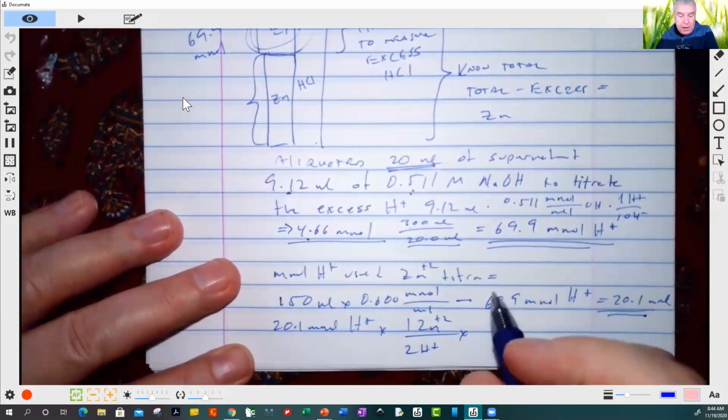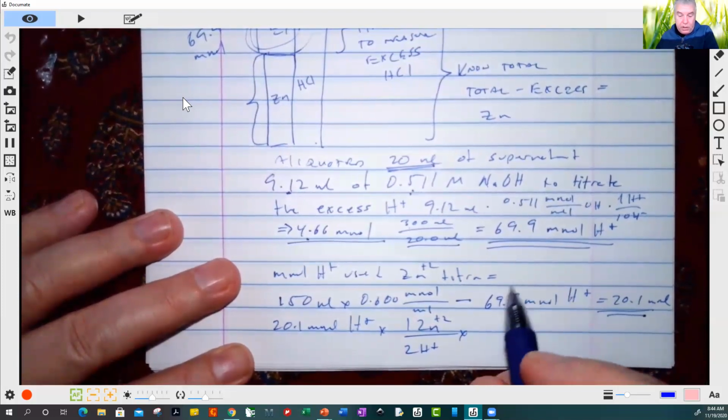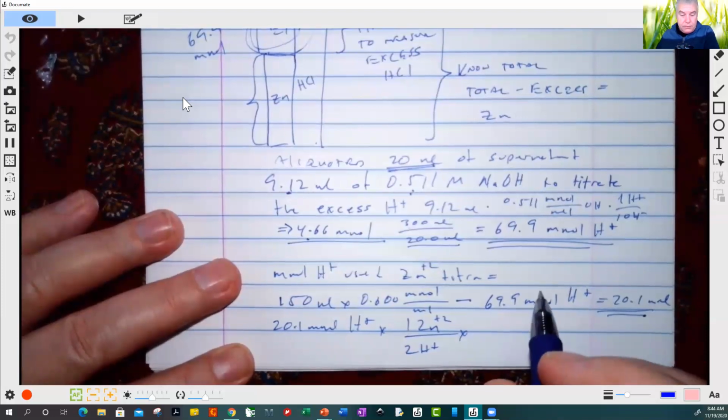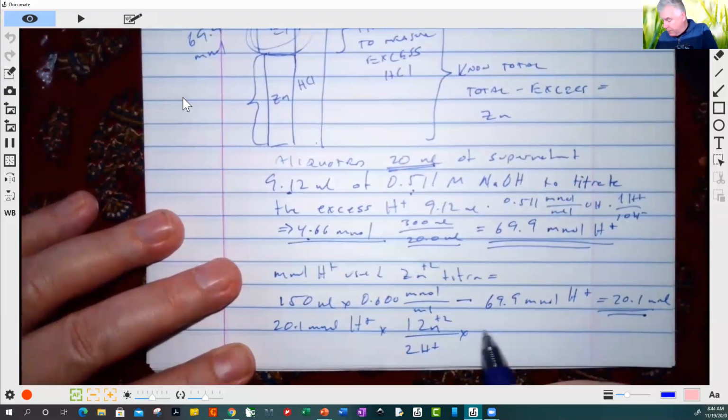And then multiply by the formula weight of zinc, which is 65.38.